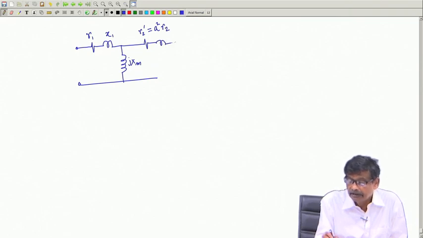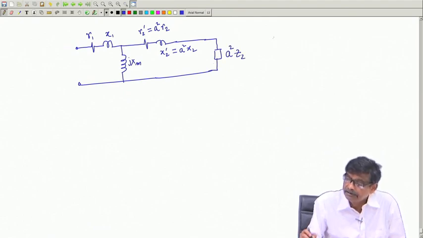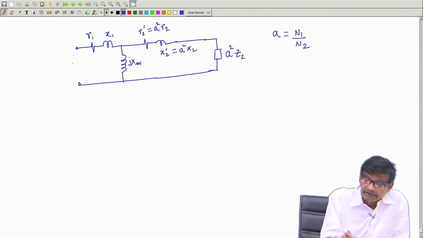Then you have X2 dashed, which will be equal to a square times the actual value of the secondary winding resistance, and whatever load impedance you have connected to the secondary side, a square into Z2. What is a? a is the ratio of number of turns N1 by N2, and this is your V1.